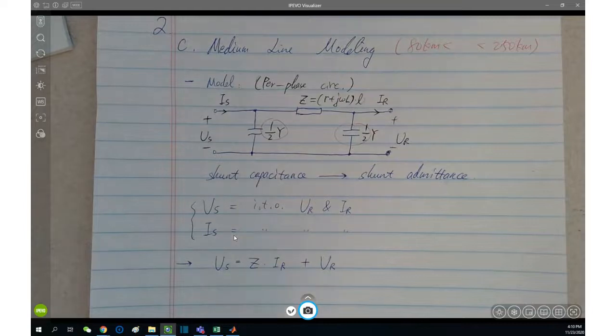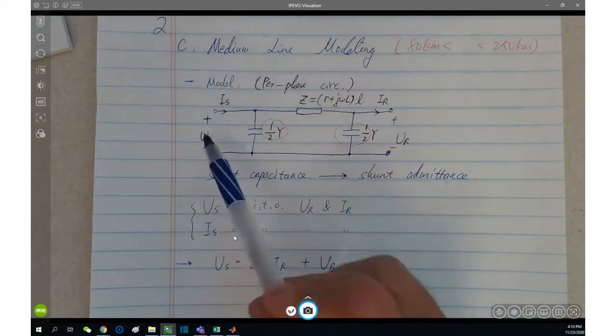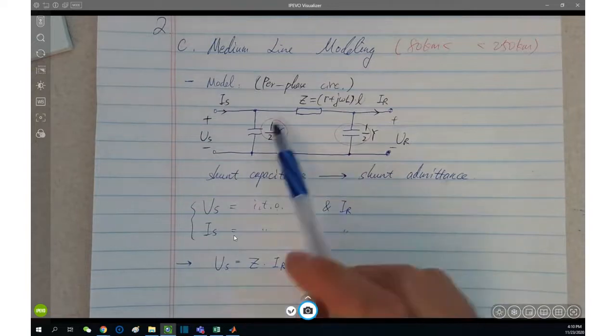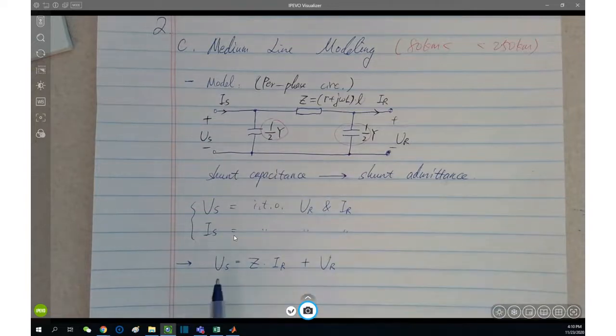Once again, we are trying to derive Vs and Is, labeled here, in terms of the receiving end voltage and current, VR and IR. Based on this loop KVL, I end up with Vs equals Z times IR plus VR.